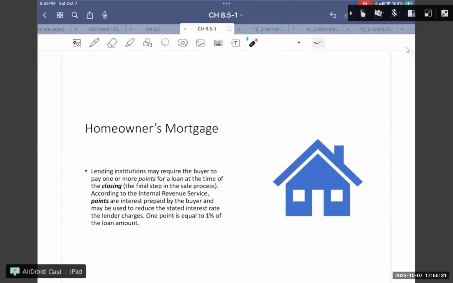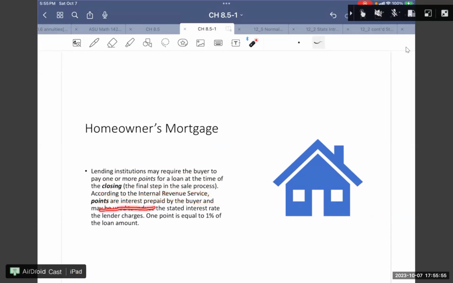The lending institution may require the buyer to pay one or more points at the time of closing, the final step in the process. According to the Internal Revenue Service, points are interest prepaid by the buyer and may be used to reduce the stated interest rate.